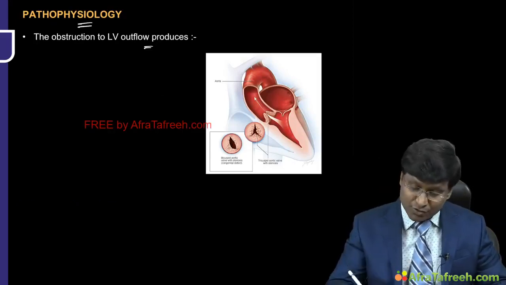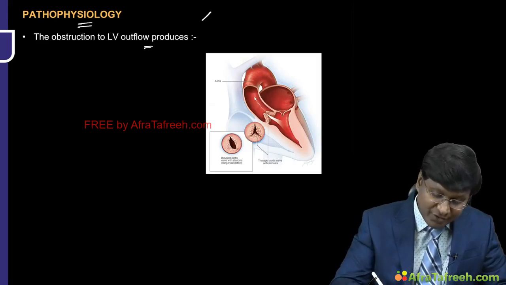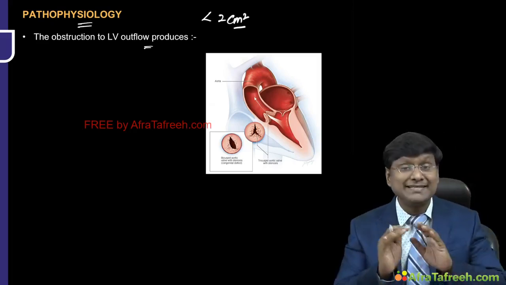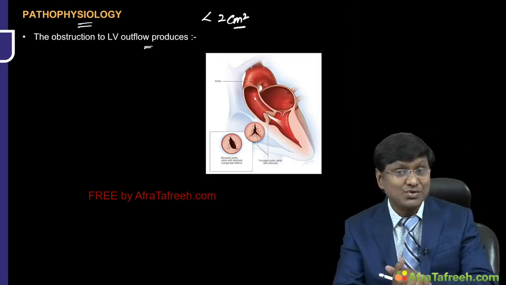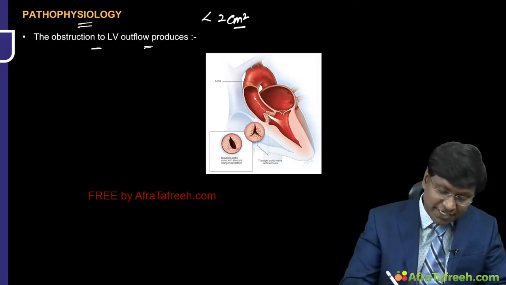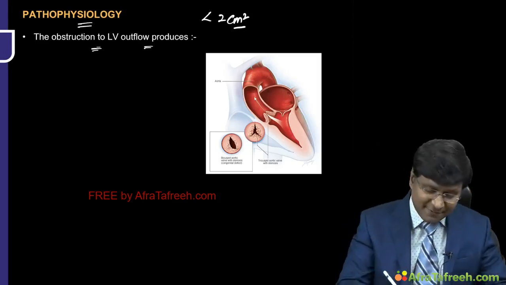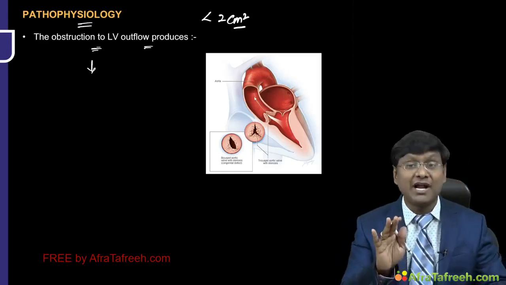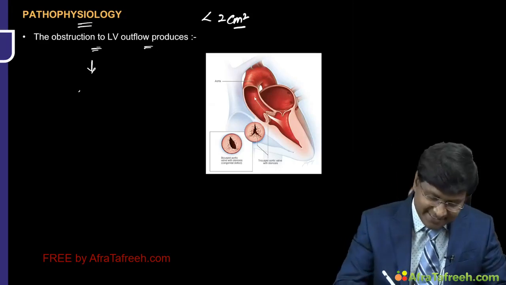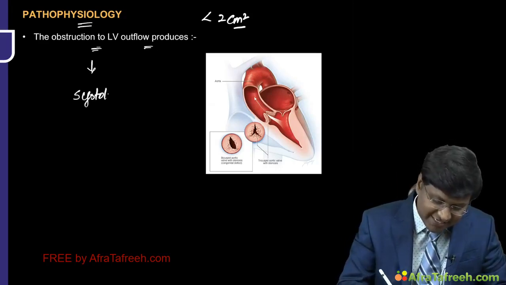So first and foremost, what has happened to the valve area? The valve area has been reduced to less than 2 centimeters square. So there is an obstruction to left ventricular outflow, right? This particular obstruction to the left ventricular outflow produces a systolic pressure gradient.